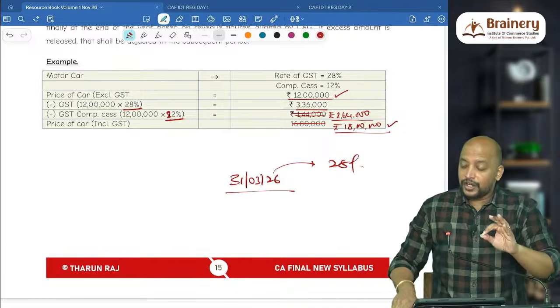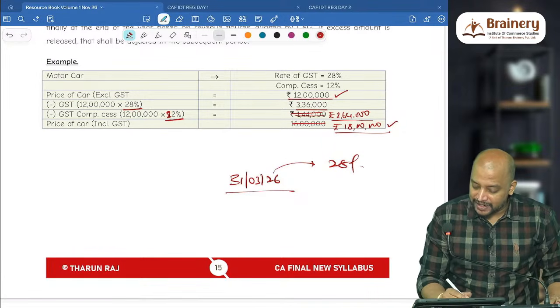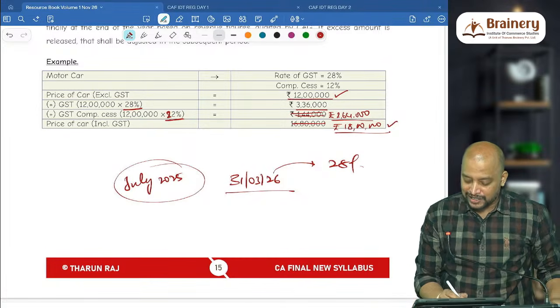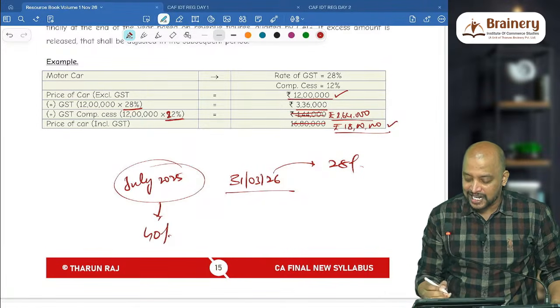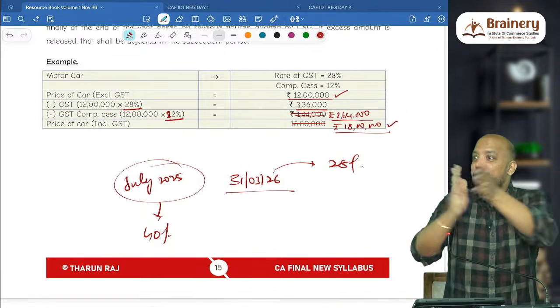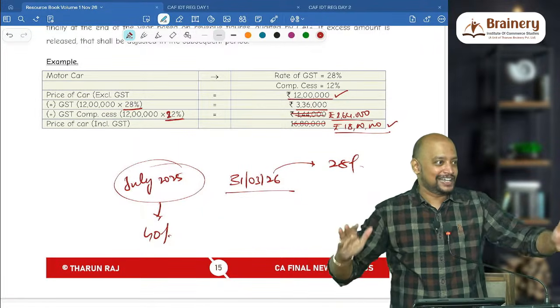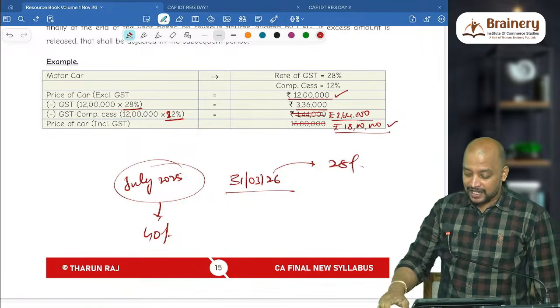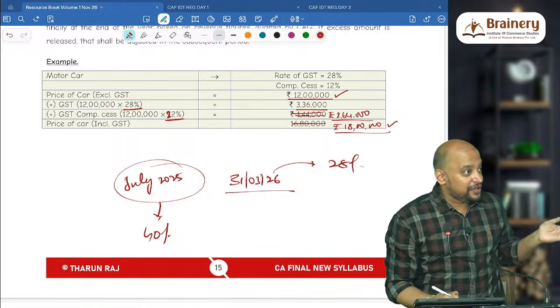Anyhow, just before that, somewhere in July 2025, they came and said, we are going to revise the rates to 40%. See, from 50% we saved to 40%. People clapped. Wow, super, like that.